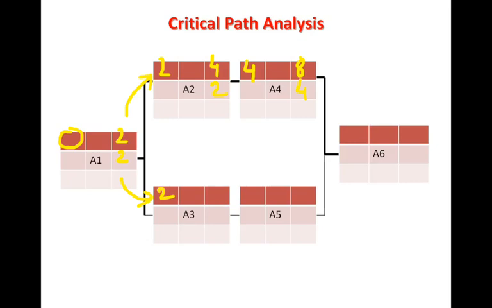So A3's duration is 1, so we add 2 plus 1, 3, and we take this 3 forward, and A5's duration is 2, so we add 3 plus 2, 5. Now we have 5 here and 8 here, and we have to take forward one number to complete.